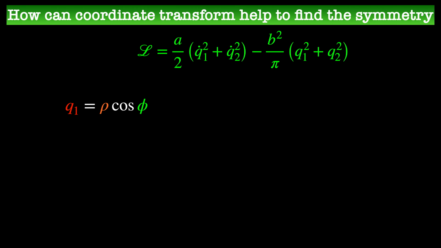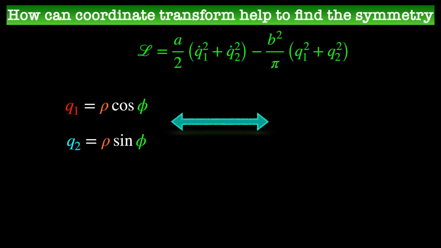Similarly, you can transform q2 as rho sin phi. And what is the retransformation? The retransformation will be rho square equals q1 square plus q2 square, and tan phi will be q2 by q1. So this set of four equations connects the generalized coordinates given in the problem with the two generalized coordinates that we have introduced here.